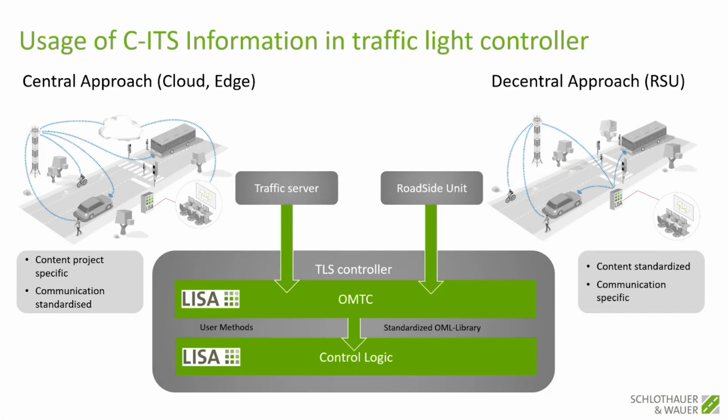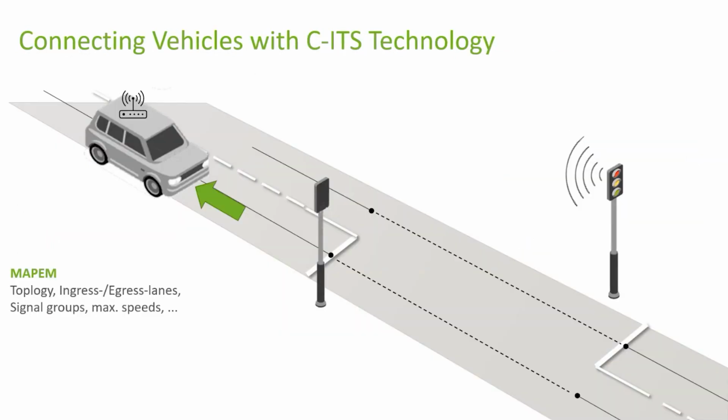So what are these new functions supposed to do? They're supposed to give us access to those new communication channels. When you look at the usual library, you have functions like give me the status of a detector, or give me the last radio message that the bus has sent. Here we're now looking at new communication channels between the intersection and the vehicle, which is MAP, of course, on the one hand, the topology of the intersection.